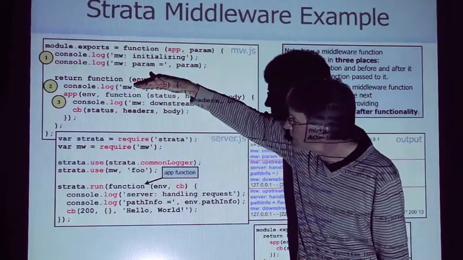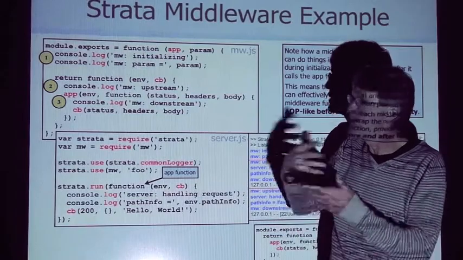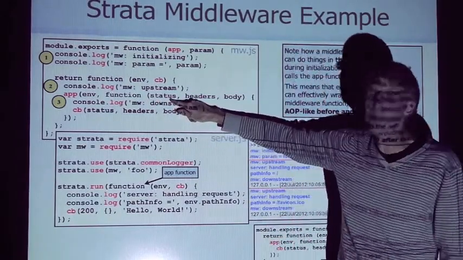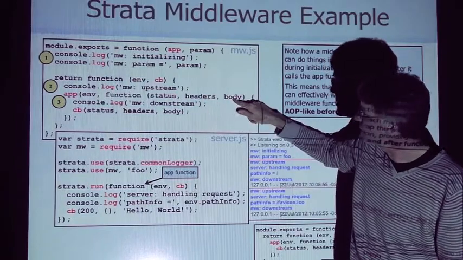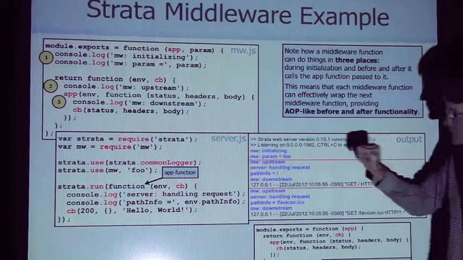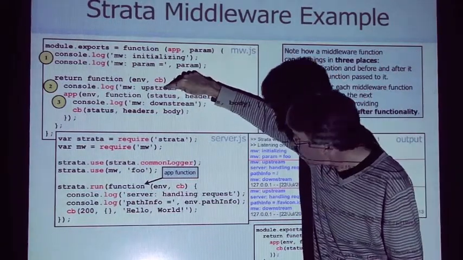So here I can change the request. Then I run the main part of my application that's going to do the processing of the request. It will pass to me the status and any headers and the body that it wants to send back, say to a browser. And now I'm downstream. Up here I was upstream.